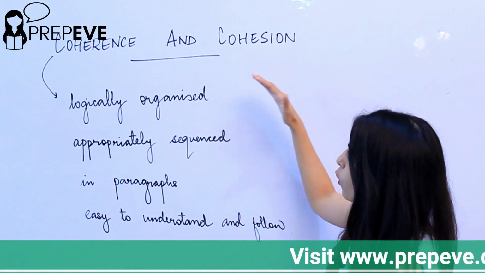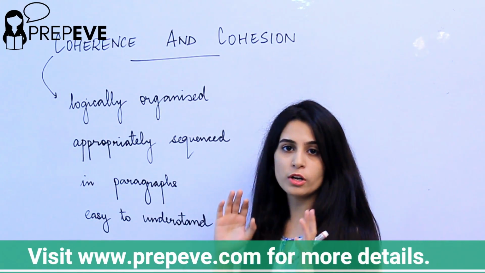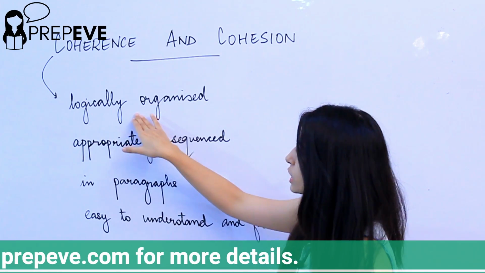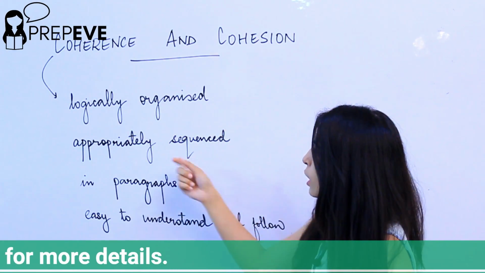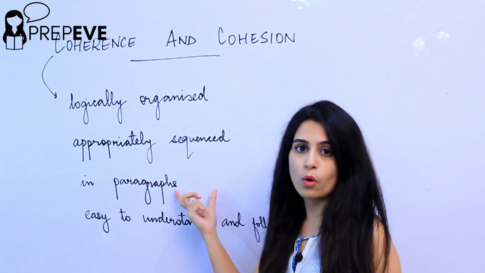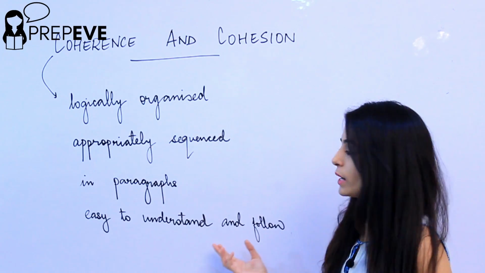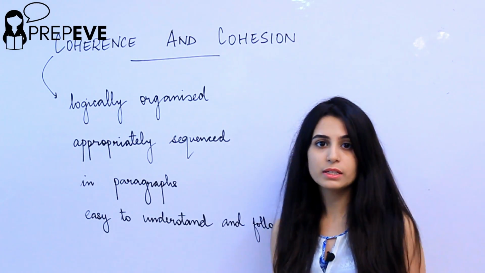So this is what forms your coherence part. You have to write down your ideas in a logically organized manner in a proper sequence in paragraphs, which is obvious by now, so that the reader finds it easy to understand and follow, right?